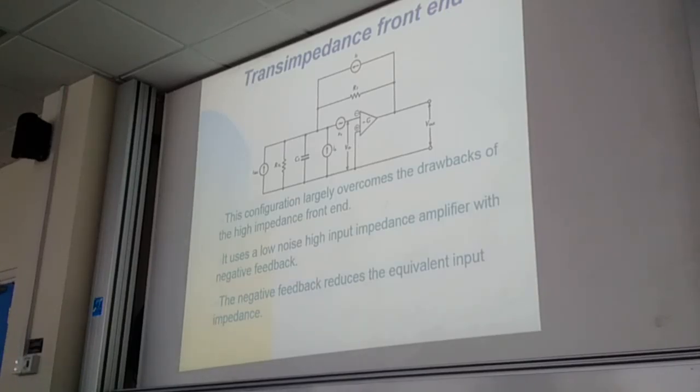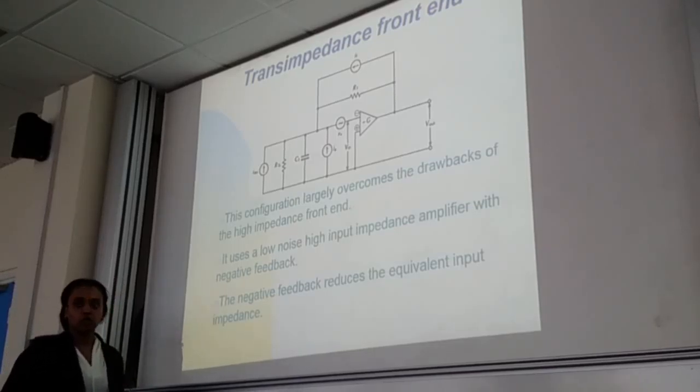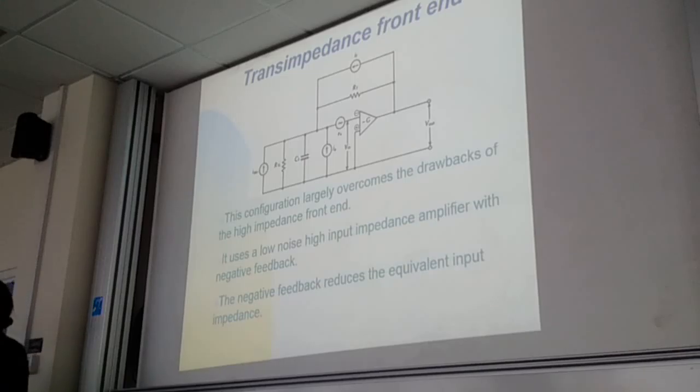Okay, so now the third receiver structure, the transimpedance front end. Transimpedance front end overcomes the drawbacks of the high impedance, which are the need for equalization first, and the limited dynamic range. How does it do that?